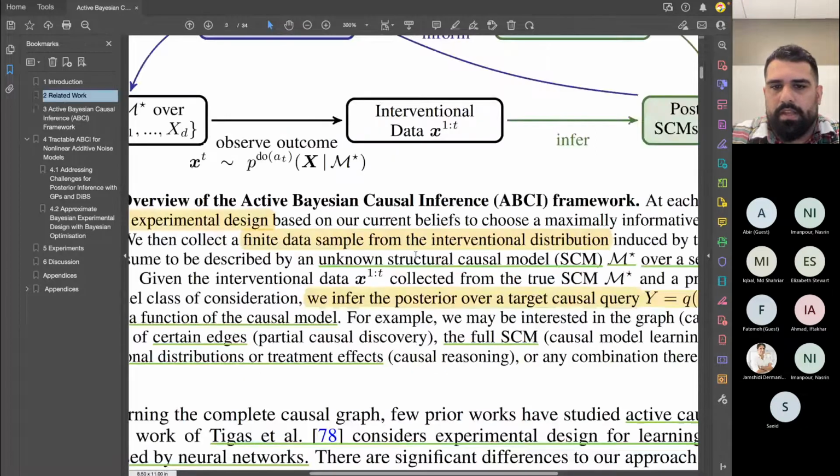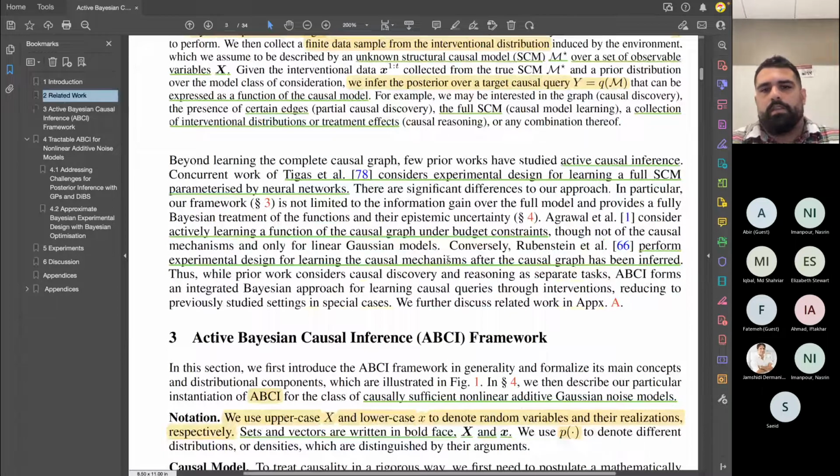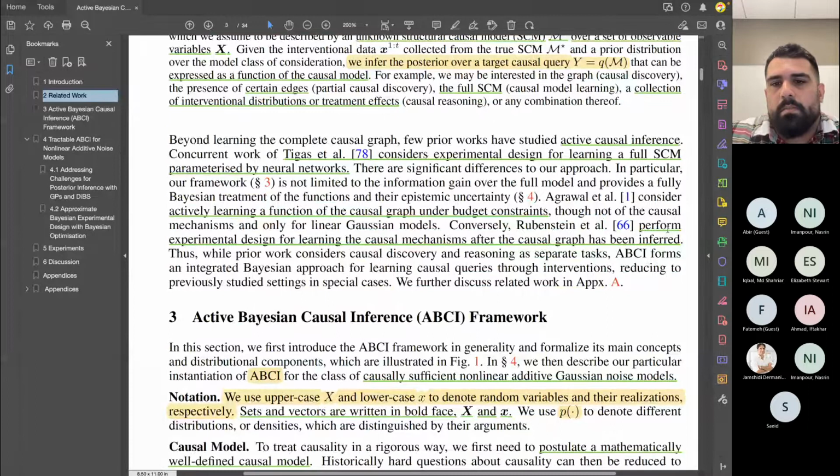Another work that they cite here is by Rubenstein, which performs experimental design for learning the causal mechanisms after the causal graph has been inferred. So here the causal graph is known, but they have an experimental design that performs causal reasoning.